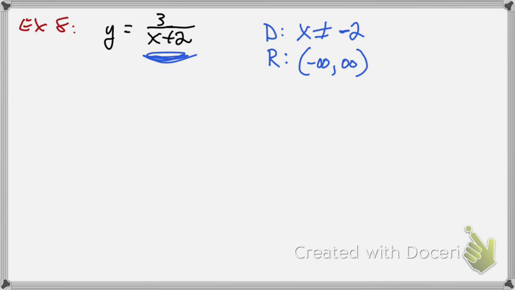Interesting. Function? Yes. As long as I don't pick negative 2, any value of x I put in there is only going to give me one y. Can you give us an example of when it gives more than one y?